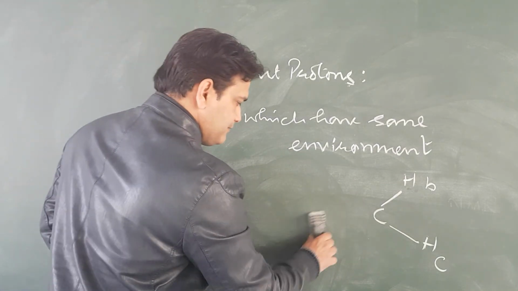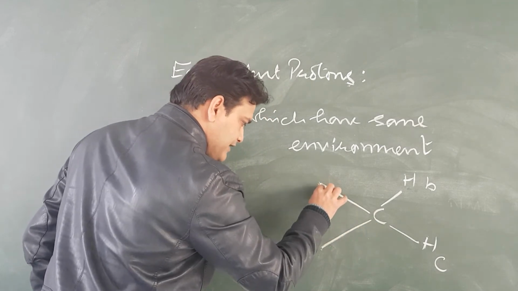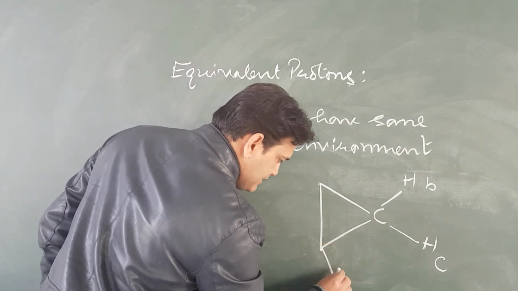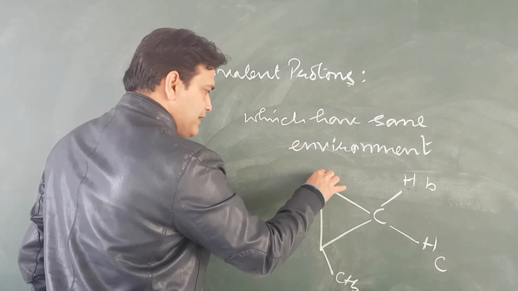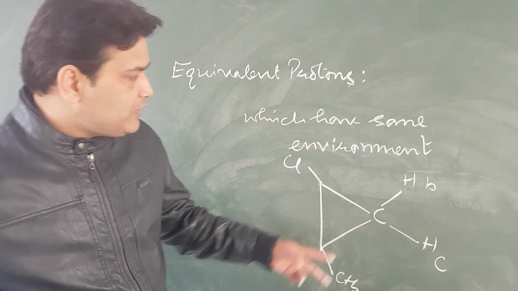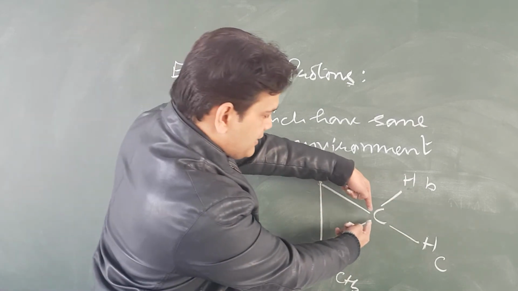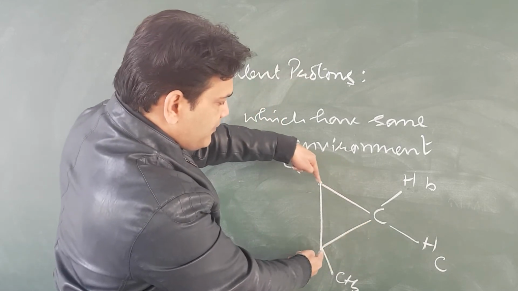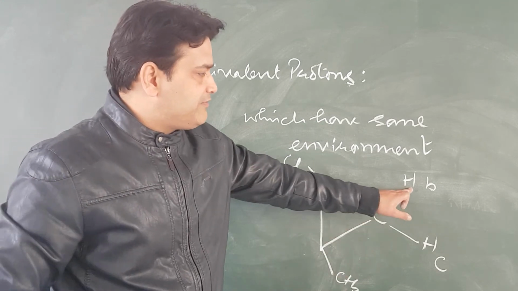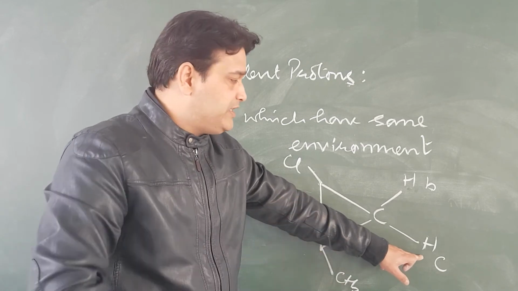But if we have a cyclic compound like this, suppose it has a CH3 group and a Cl atom, then obviously both of these H atoms have different environments, and due to these two bonds and this cyclic system, the rotation is not possible. This H will remain in its position and this H will hold its own position.